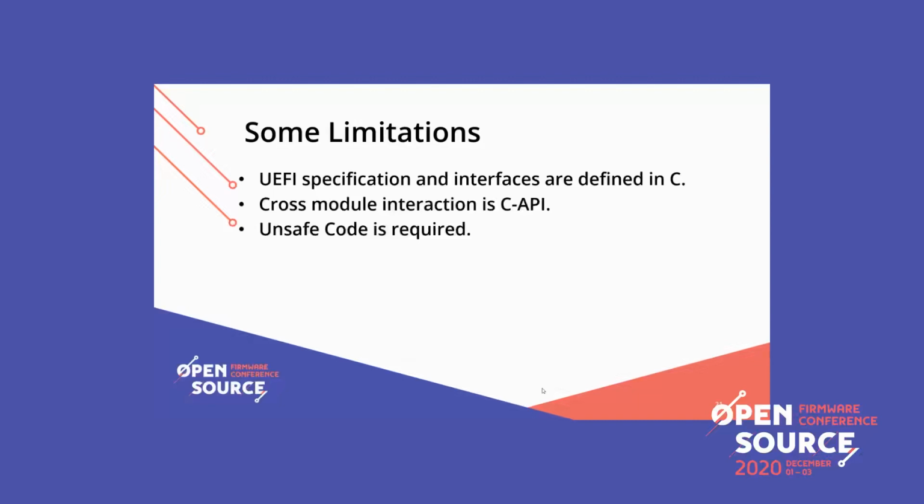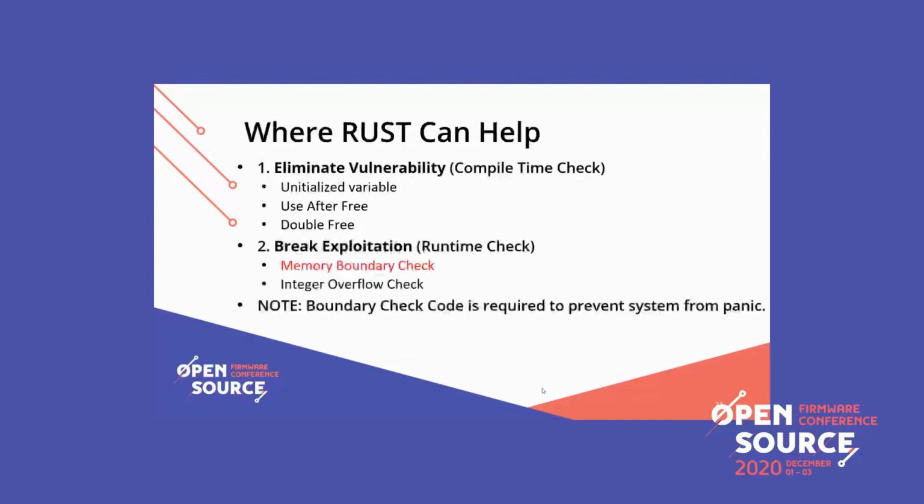Here we want to summarize where Rust can help in the EFI EDK2 project. First, to eliminate vulnerabilities: by using compile-time checks, we can eliminate uninitialized variables. Use-after-free or double free can be avoided with the ownership model. Second, break the exploitation.